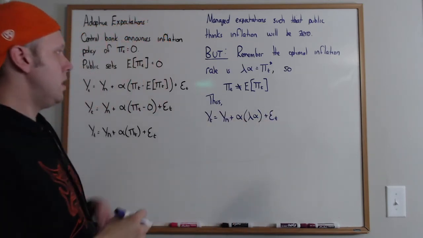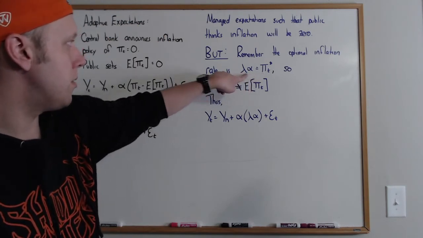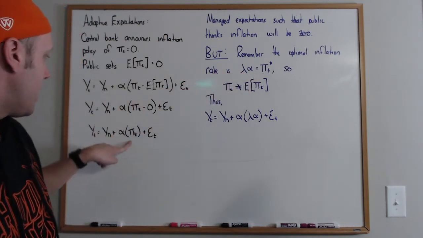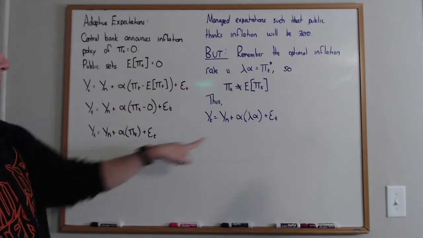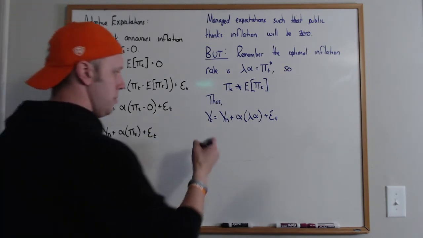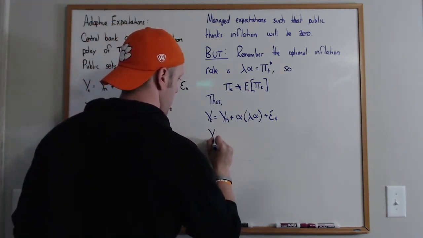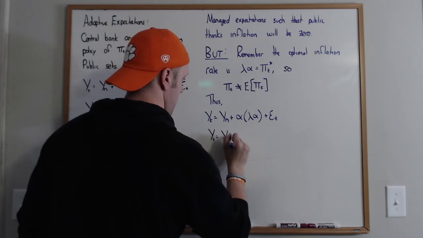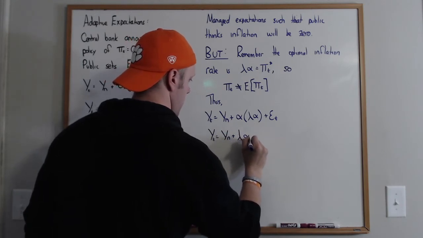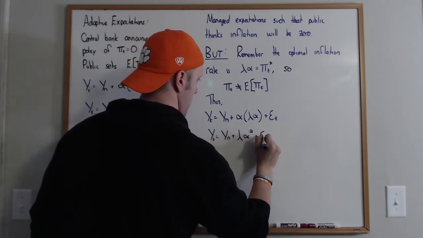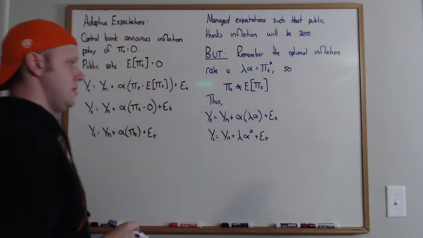So if I plug pi star in, which is lambda alpha, in for pi in the Phillips curve, this is what I get. And if I want to simplify this a little bit more, it's that.